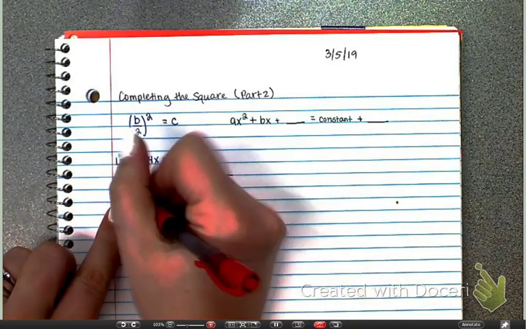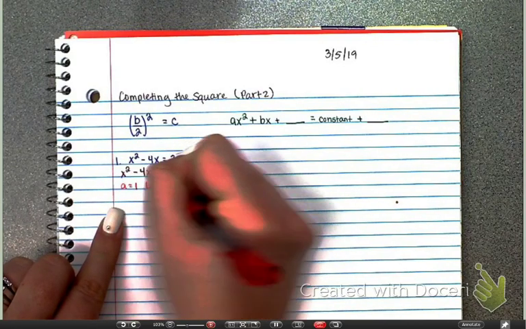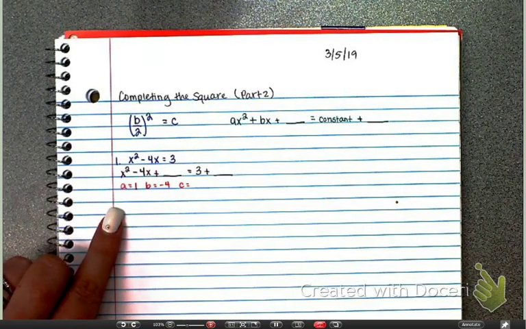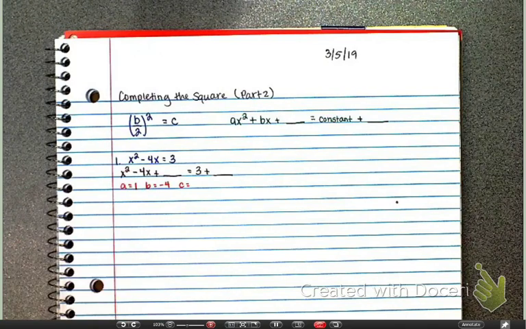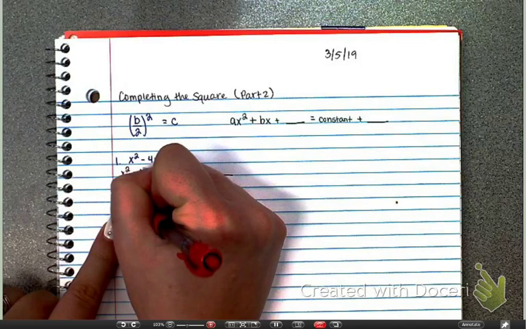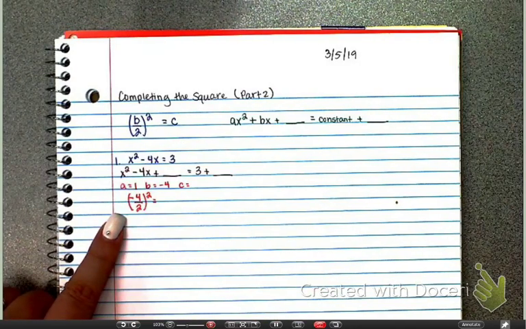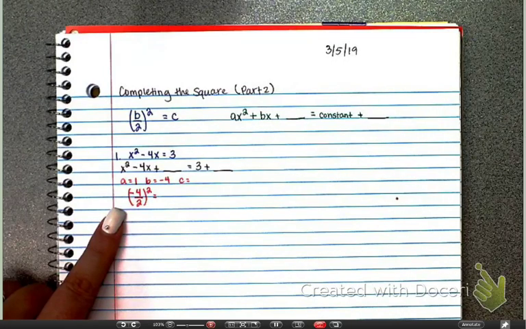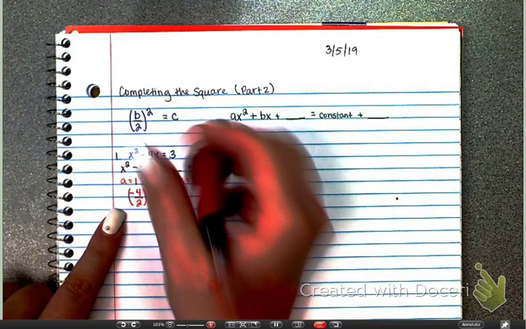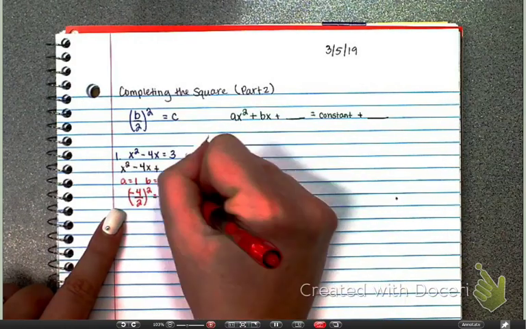So A is 1, B is negative 4, and C we're looking for, right? So B divided by 2 squared, negative 4 divided by 2 squared. Negative 4 divided by 2 is negative 2, and negative 2 squared is 4.